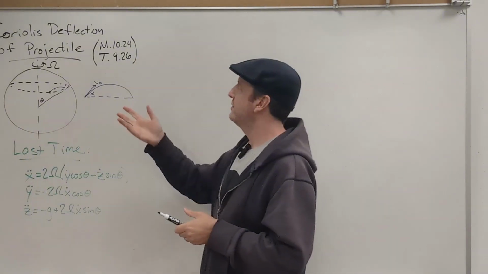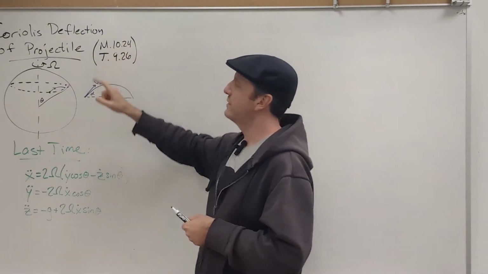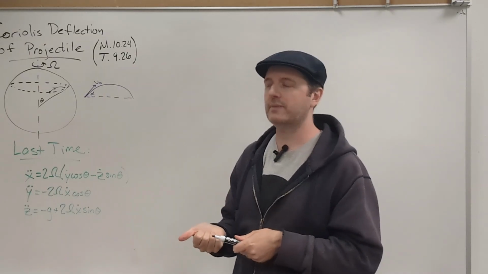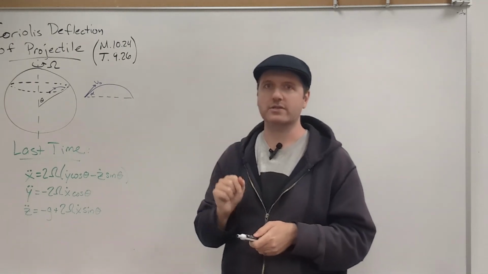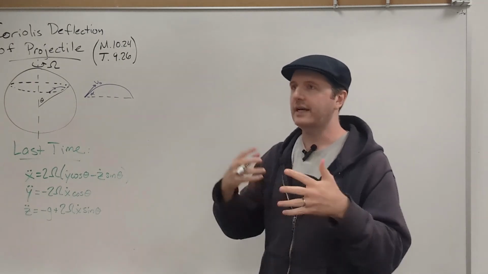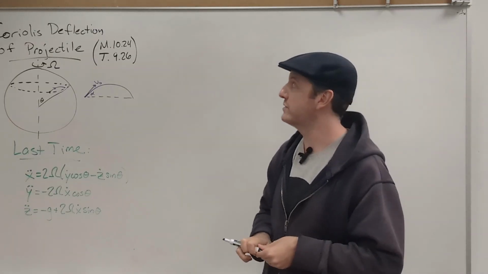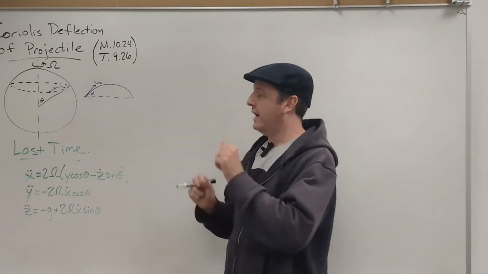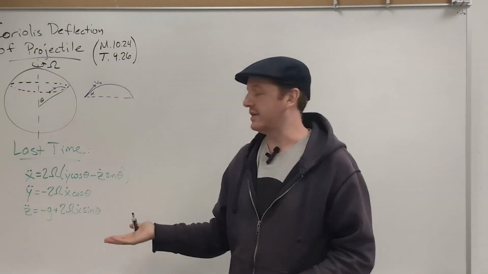We're paraphrasing or borrowing on problem 10.24 from Morin's classical mechanics textbook, or problem 9.26 from Taylor's classical mechanics textbook. It's roughly the same idea, the motion of a projectile under the influence of the Coriolis force. Last time we derived what I'll call the Coriolis equations.